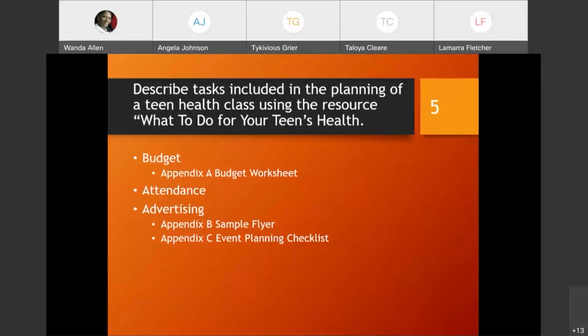In addition, you may decide to provide refreshments and door prizes, as well as offer childcare, because these are all things that tend to encourage people to attend the class. And of course, any other costs contributed to holding the class itself.